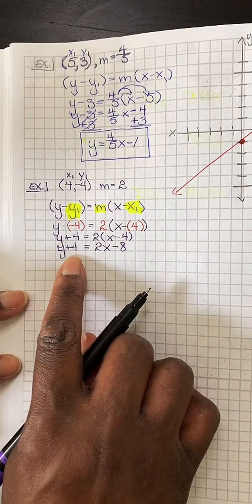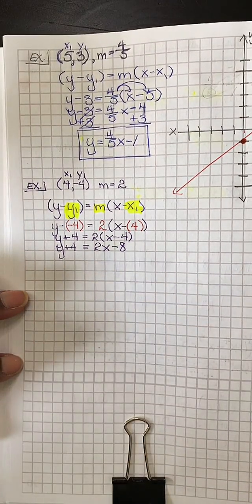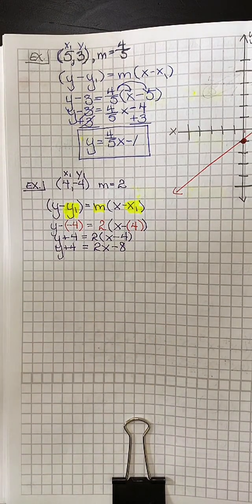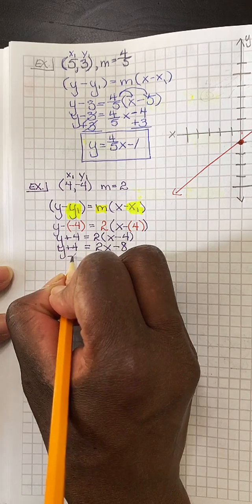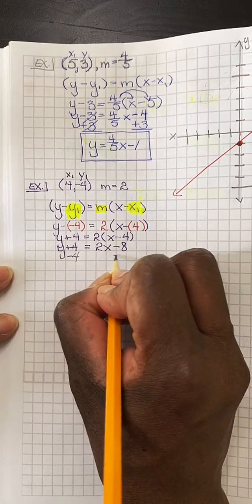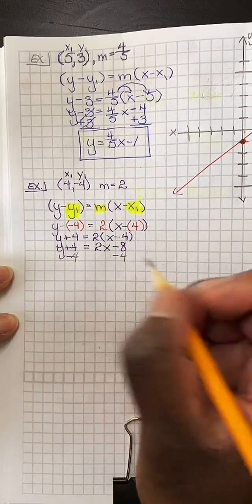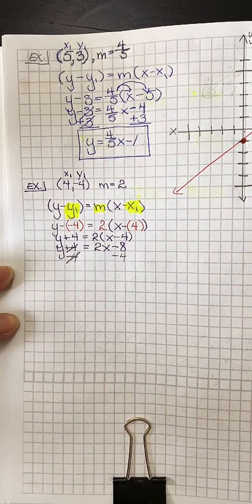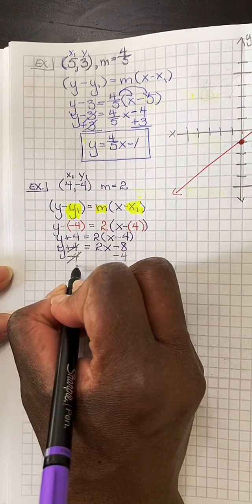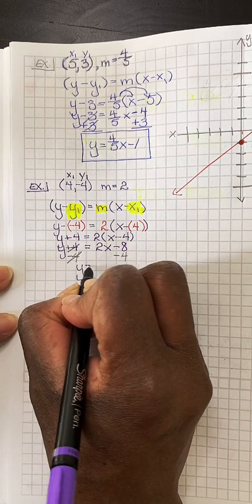So right now, that plus 4, that's in the way. So the only way we can get rid of that is to subtract 4 on both sides. So positive 4 and negative 4 will cancel out. Our y will be by itself, success.